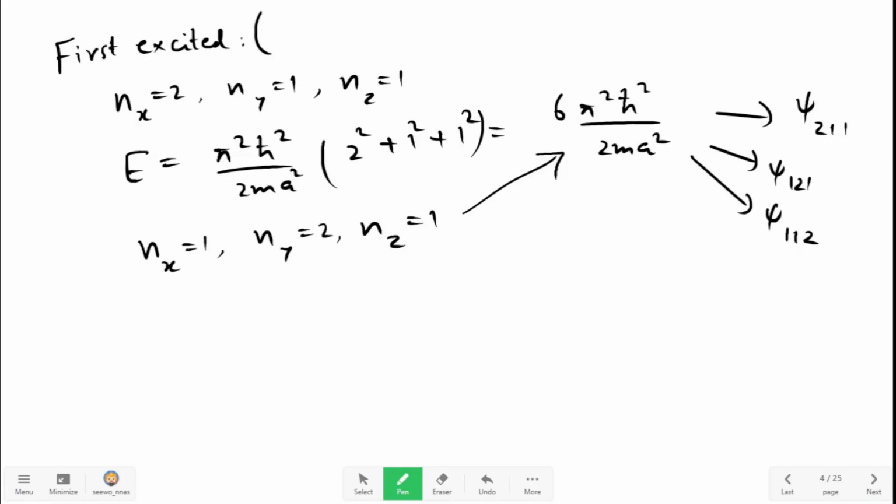Therefore we say that first excited state has a degeneracy of 3 because three different states have same energy 6 pi square h bar square upon 2m A square. So these were some discussions related to particle in a box.